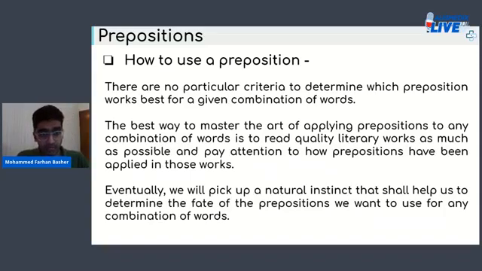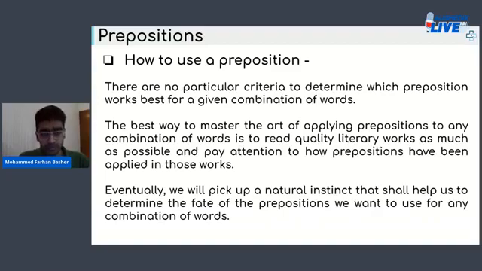The best way to master the art of applying prepositions to any combination of words is to read quality literary works as much as possible and pay attention to how prepositions have been applied in those works. Eventually, we will pick up a natural instinct that will help us to determine the fate of the prepositions we want to use for any combination of words.